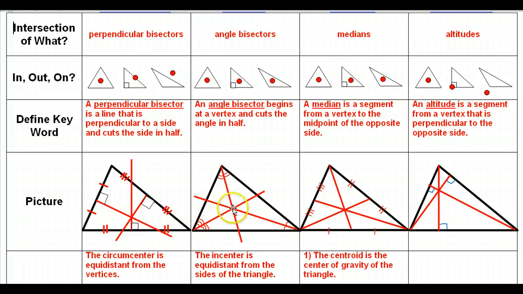This is kind of low, this is higher, this is a little bit more to the right, this is much higher. So these are different places in the triangle, but they are all inside the triangle for an acute triangle. So all you really have to worry about is the obtuse triangles and the right triangles.